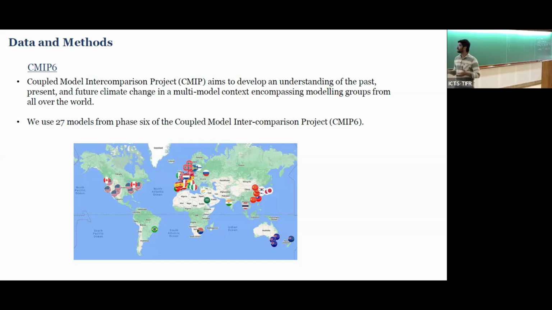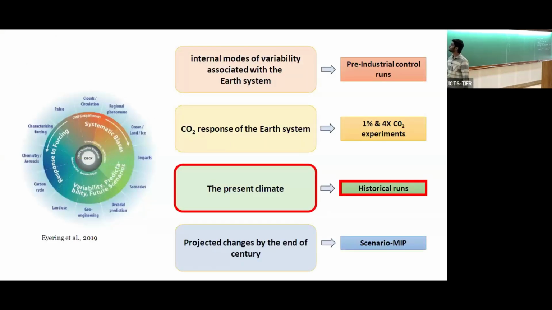This is the newest phase, the 6th phase. Previously there were CMIP5 and CMIP3 as well. We'll be using around 27 models from this project to study the sea level in a multi-model mean context.